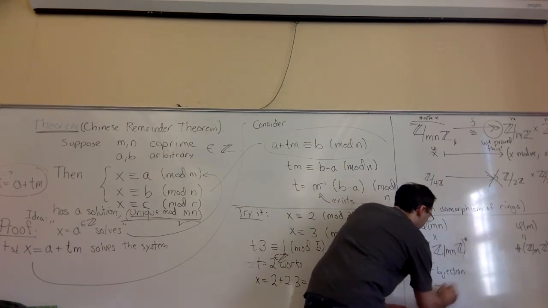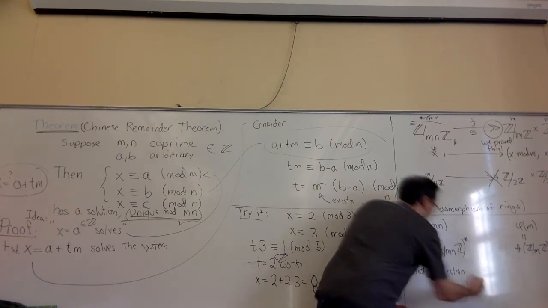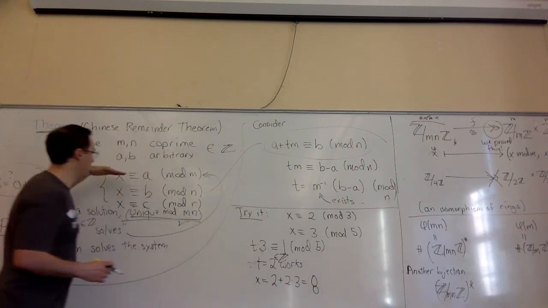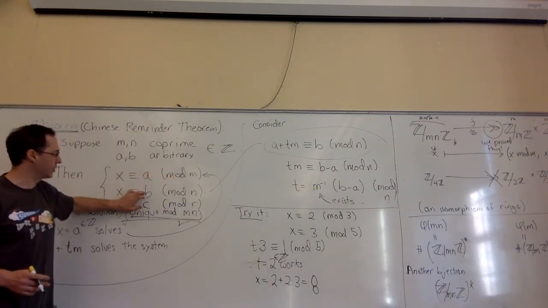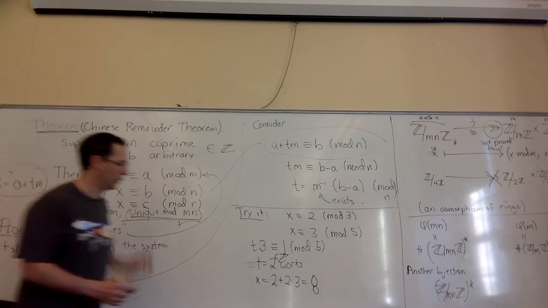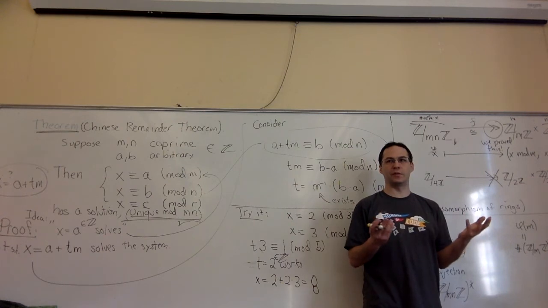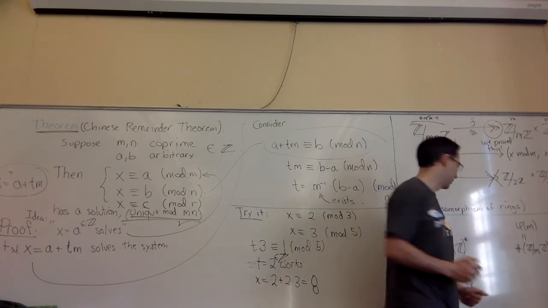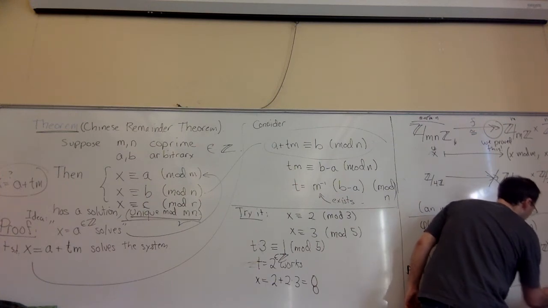So there's a map from (Z mod mnZ)*. If you take an x that's co-prime to m and n and reduce it mod m and n, you get two numbers that are also co-prime to m and n. I mean, if you don't share a common factor with m times n, you definitely don't share a common factor with m or n. So, a map like this to (Z mod mZ)*.